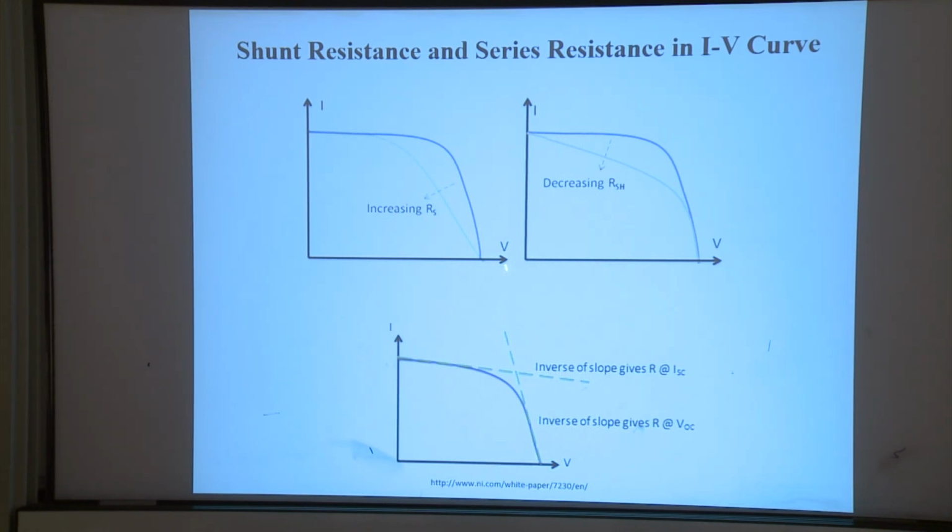That means you always have a series resistance. So the inverse of this slope gives the shunt resistance at ISC, and the inverse of this slope gives us the series resistance at VOC. Okay?